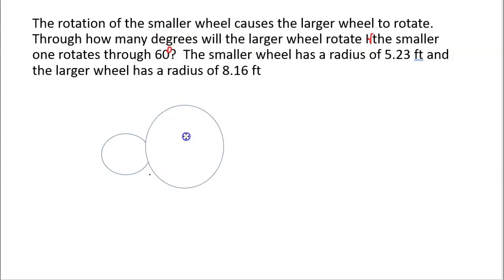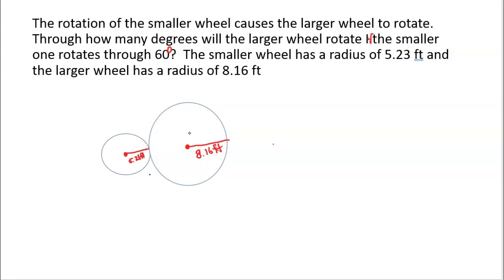All right, so again, think about it this way. Try to get them as close as possible together. Okay, so here's my larger wheel. Let's pretend that this is the center. So this is 8.16 feet, and this more looks like an oval, but for our sake, this will also be a circle, so 5.23 feet.